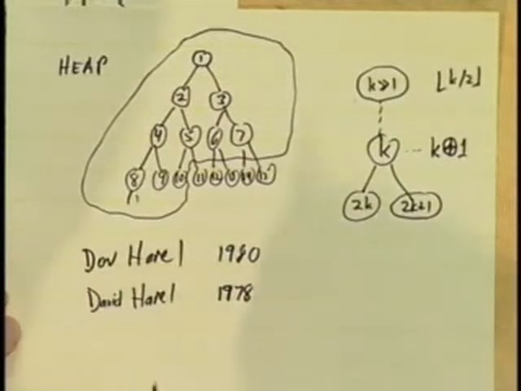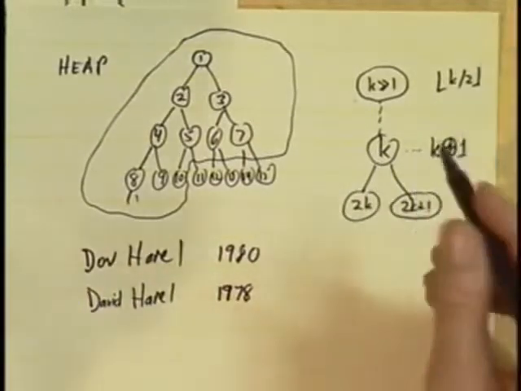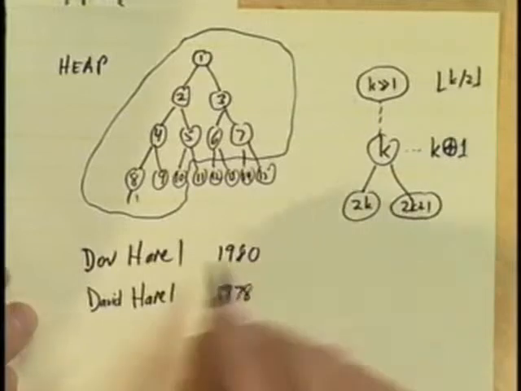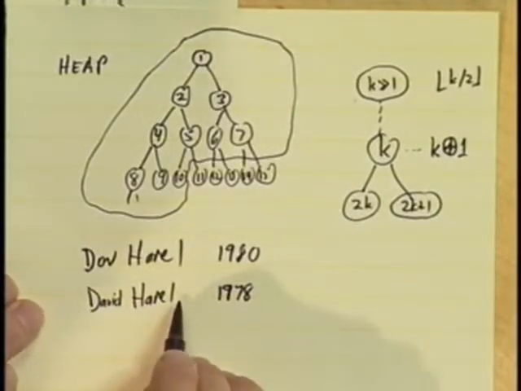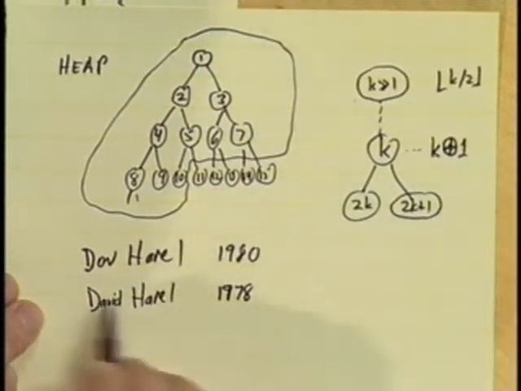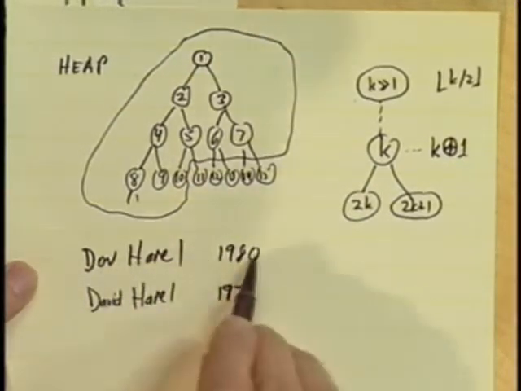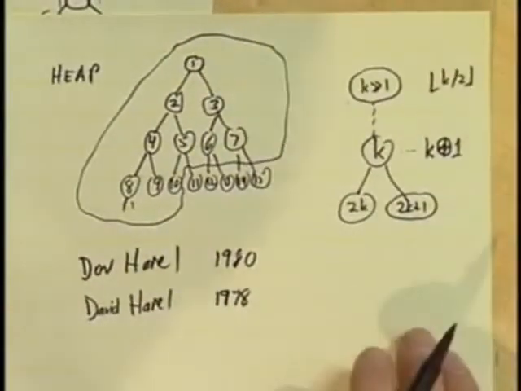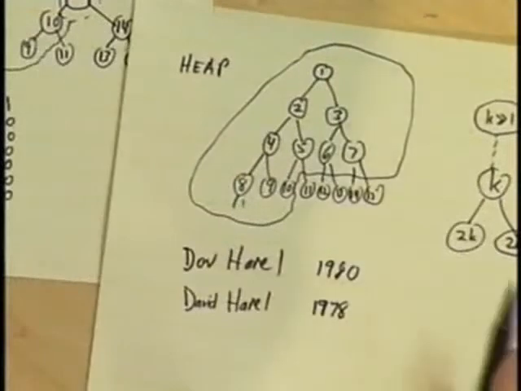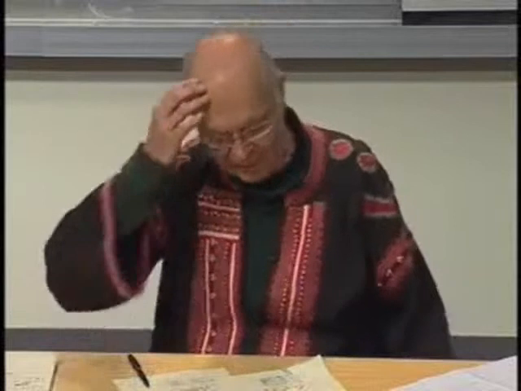So D. Harel, there's two D. Harels that have been doing great computer science, at least, and David Harel is my grand thesis student. He's a student of my student Vaughan Pratt, and Dov Harel is a grand student of Jeff Ullman. So anyway, there's all Stanford connections here. I don't think either Jeff or I realized that sideways heap was going to be a really nice implicit data structure. But if Jeff is here, he can tell me the opposite.